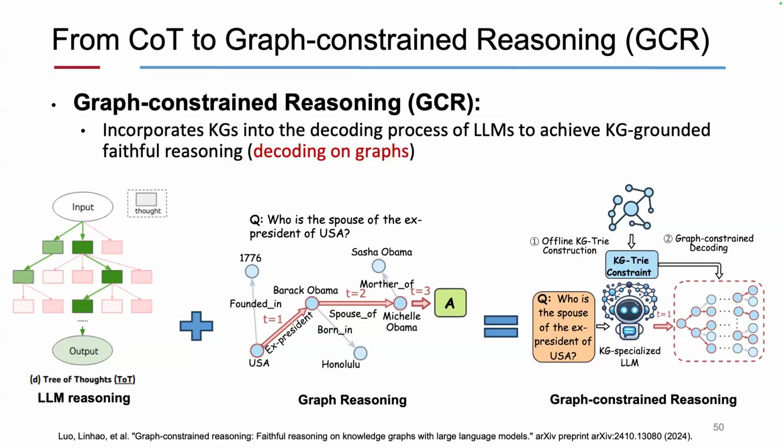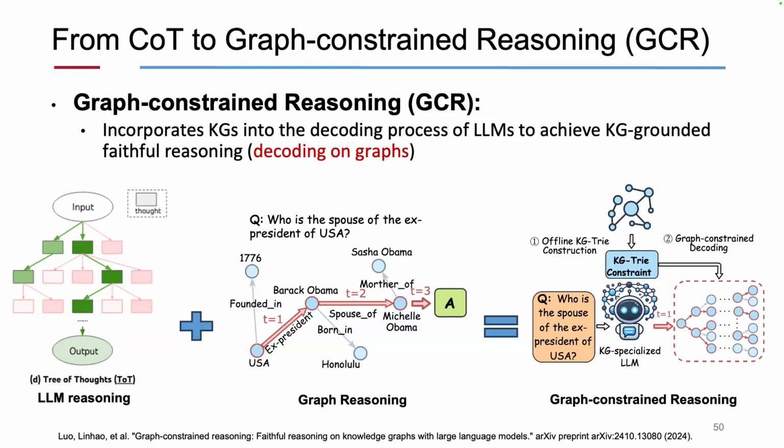For the USA, the next step might be the ex-president of USA is Barack Obama. Then the spouse of Barack Obama is Michelle Obama. So the LLM follows the structure of the knowledge graph to find the path that leads to the final answer. These agent-based mechanisms are quite popular nowadays.